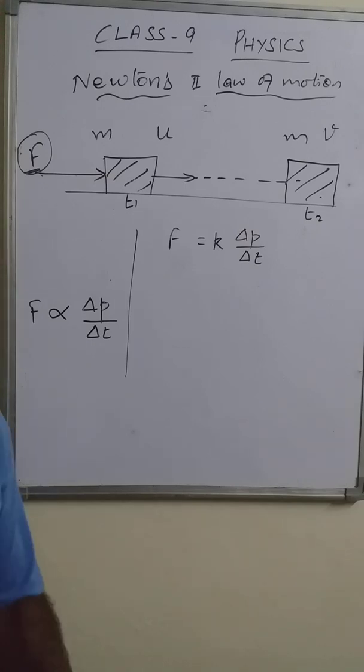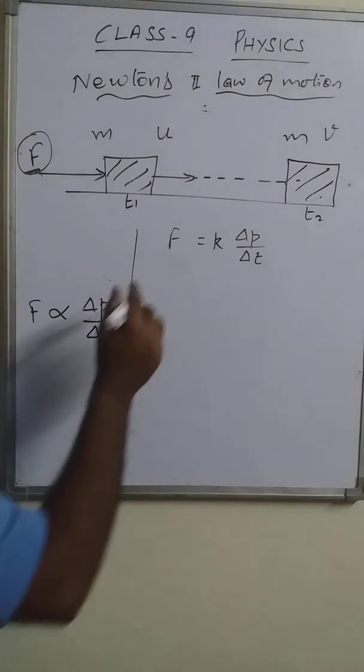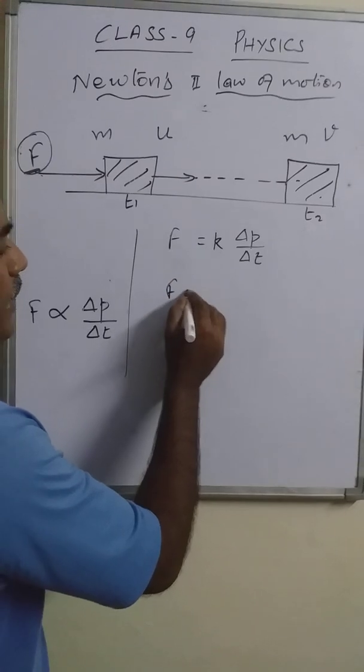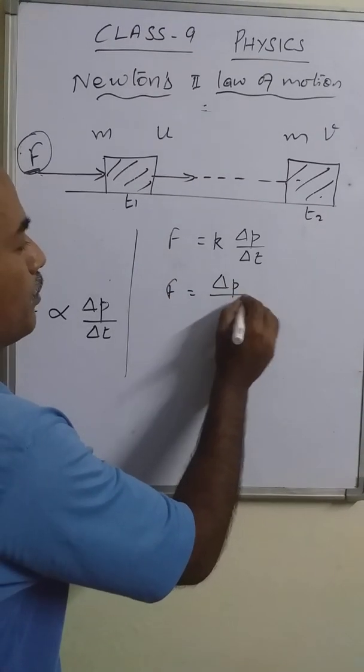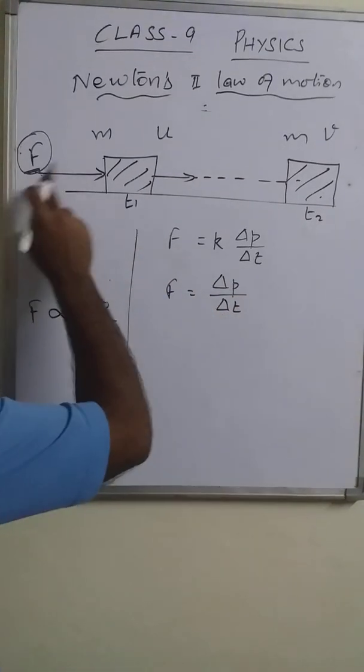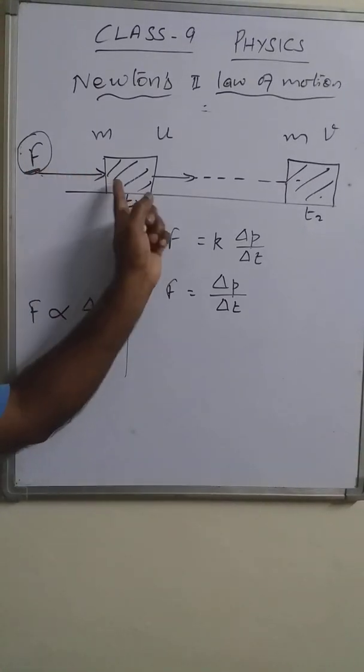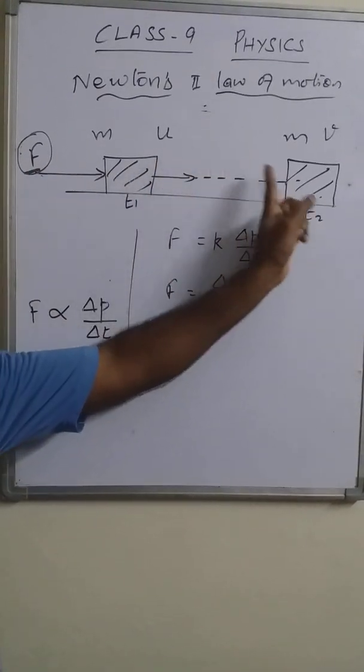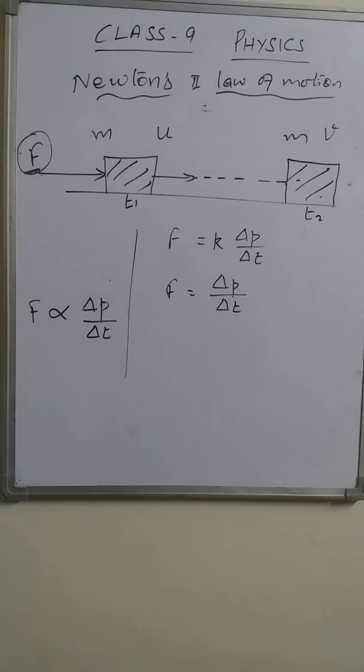That's why the constant can be neglected. By neglecting the constant, F is equal to delta P upon delta T. Whatever force is applied, that force is equal to the rate of change in momentum.